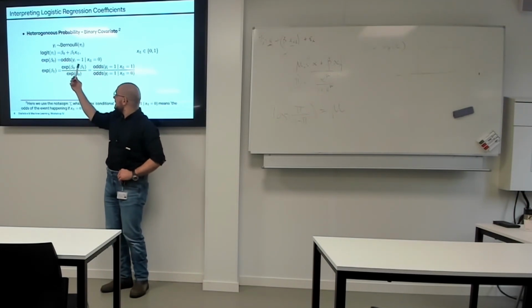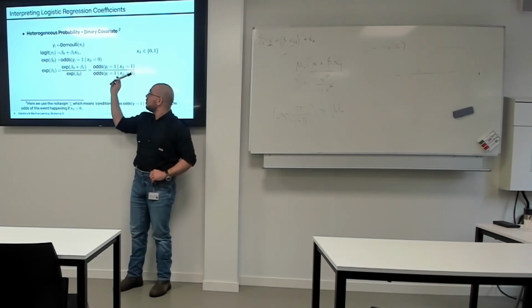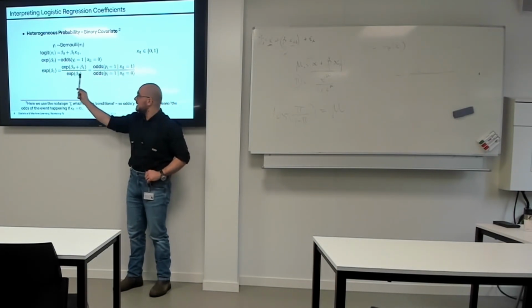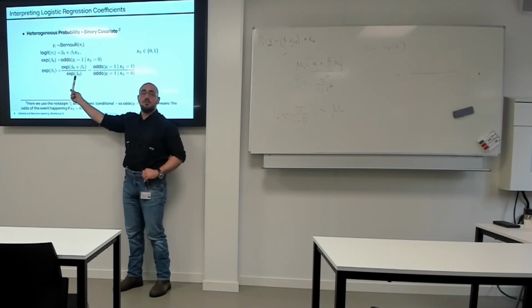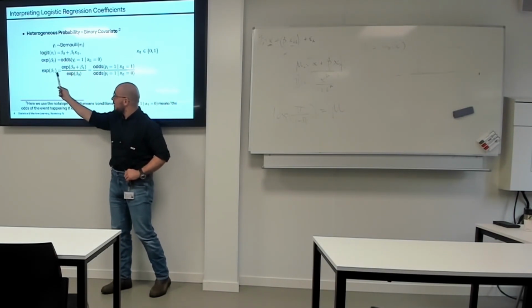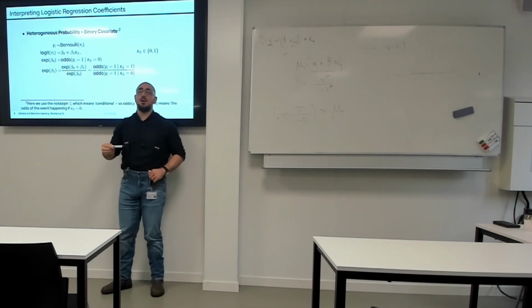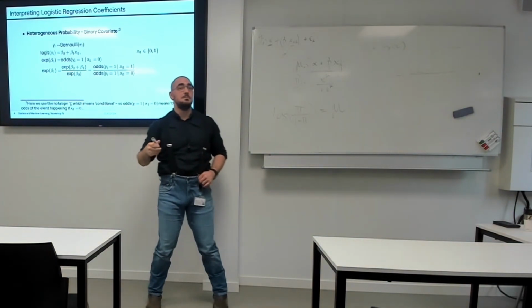So this is my odds of voting for Trump when I am college educated, and this is my odds of voting for Trump when I am not college educated. And it so happens that this ratio is equivalent to the exp of beta 1, the exponential of my regression coefficient on the binary covariate.